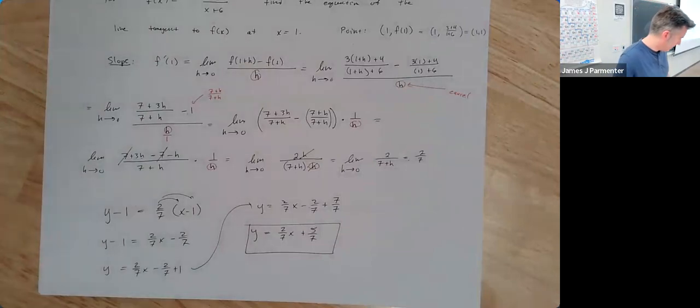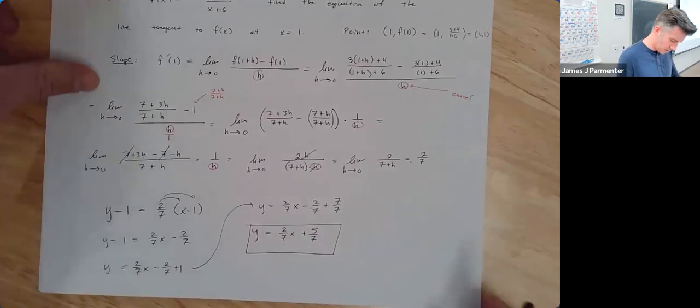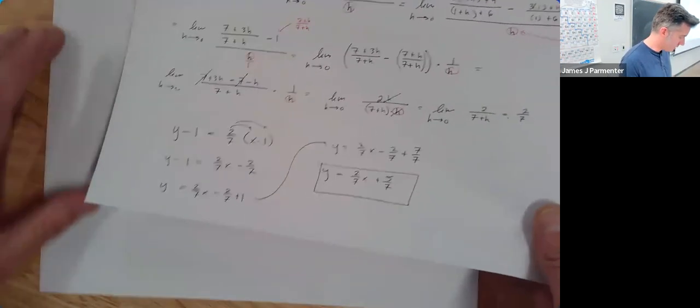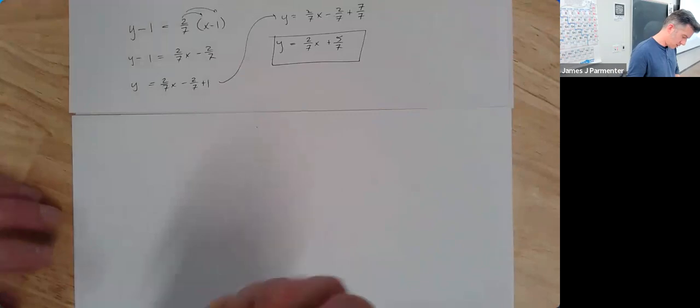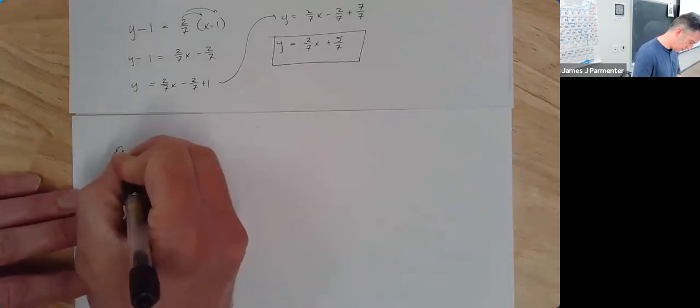So I just kind of made up some problems. They're similar-ish to your homework questions, just to illustrate a few things. Let's look at this next one here. So here's an example.